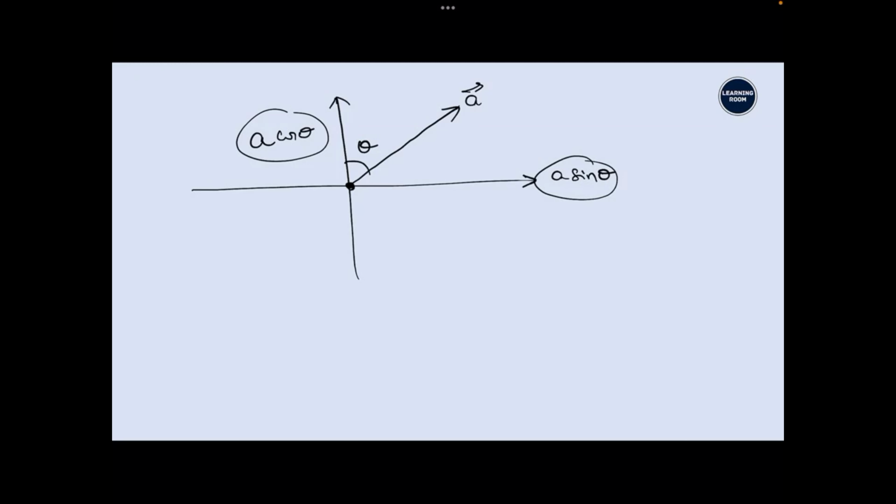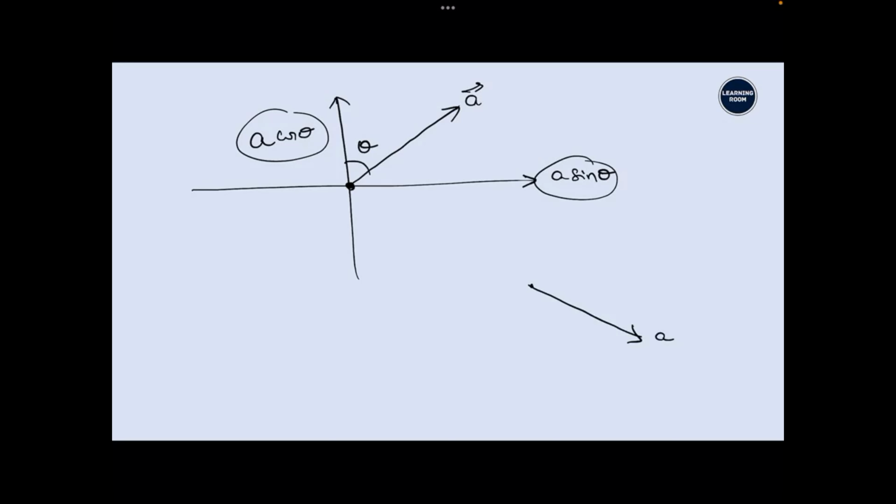Okay, make a note of this. Another important point to be noted is, depending on how the vector is oriented, you need to know what are the two rectangular components into which you need to break them.